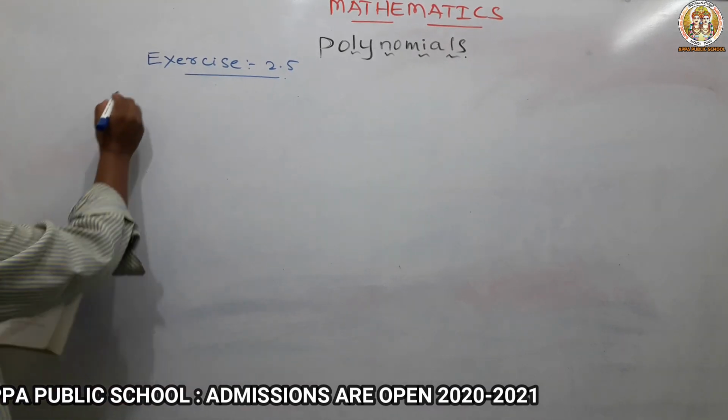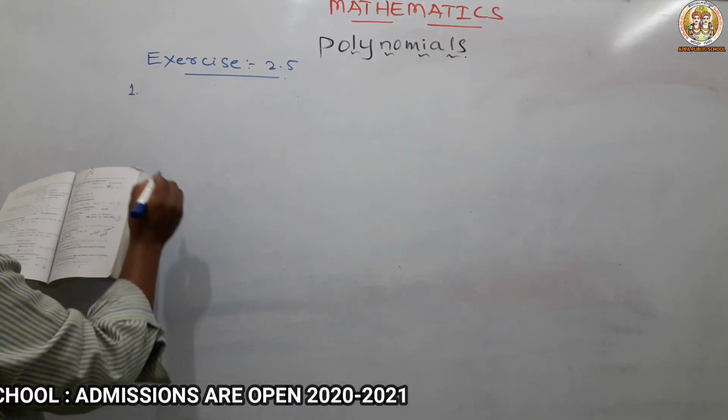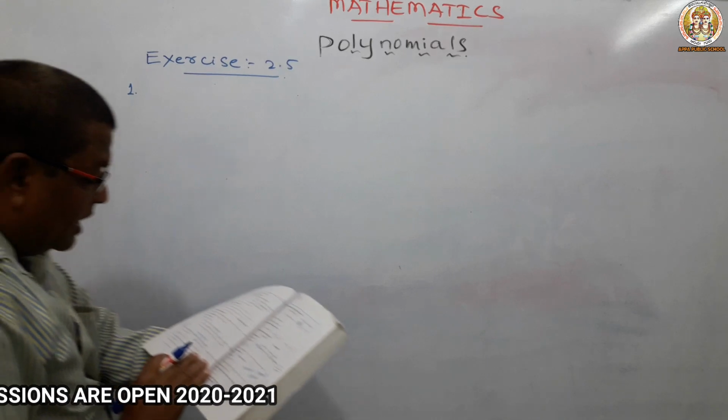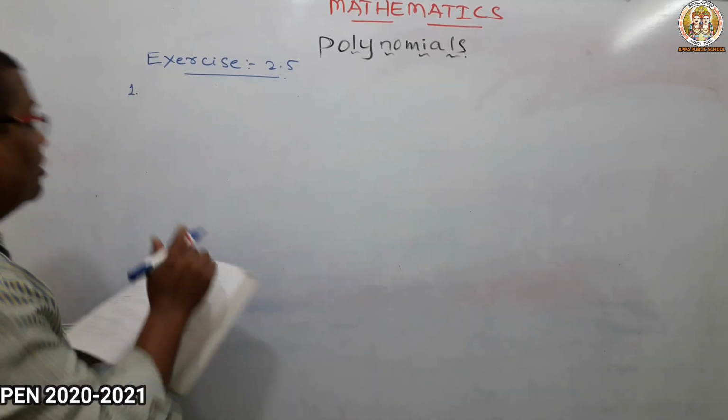In that, the first question is: use suitable identities to find the following products.